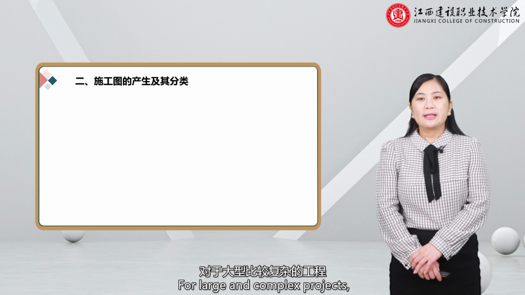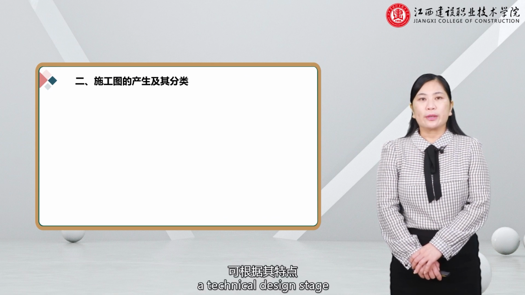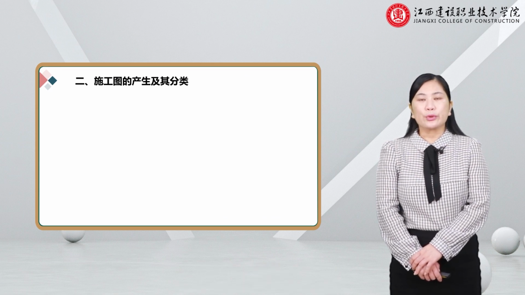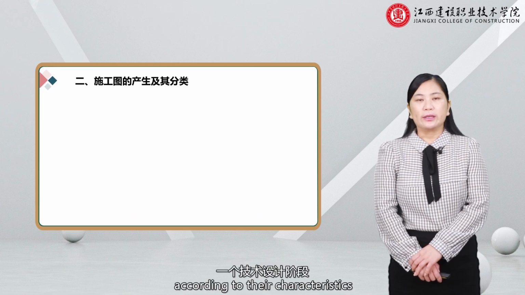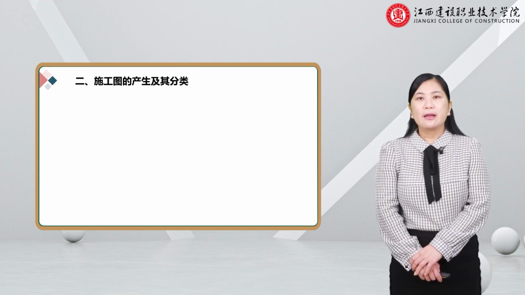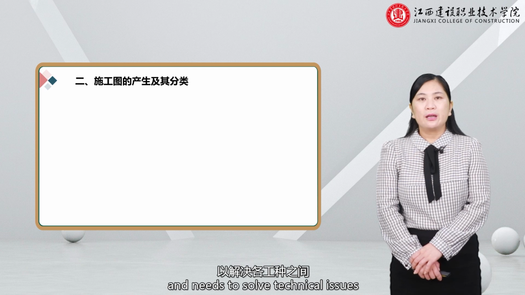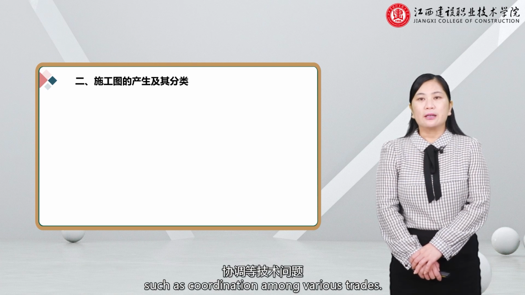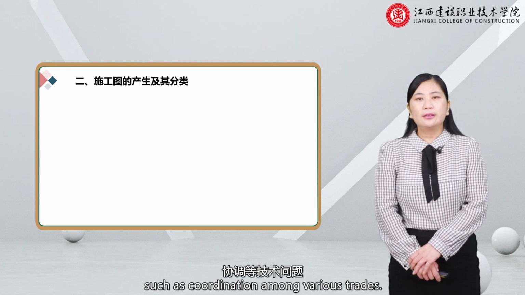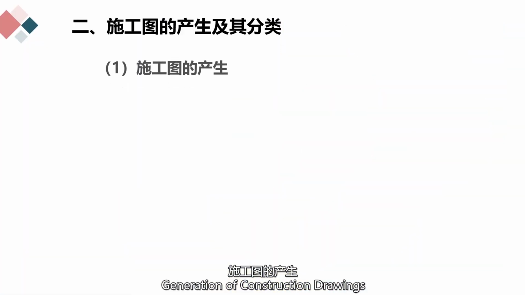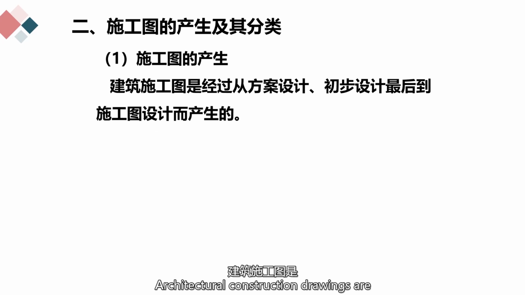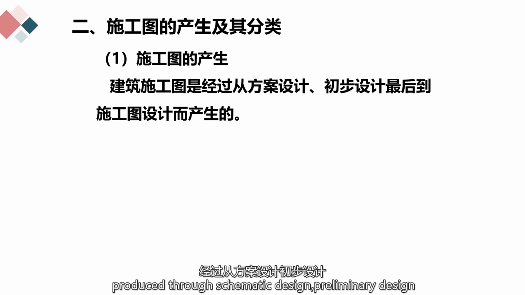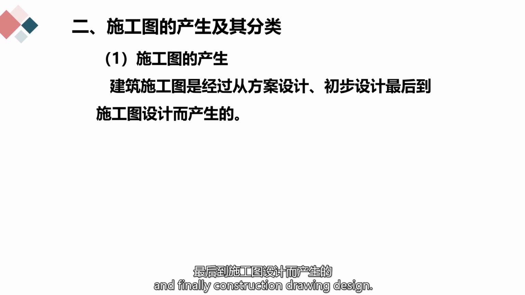For large and complex projects, a technical design stage can be added according to their characteristics and needs to solve technical issues, such as coordination among various trades. Generation of construction drawings: architectural construction drawings are produced through schematic design, preliminary design, and finally construction drawing design.